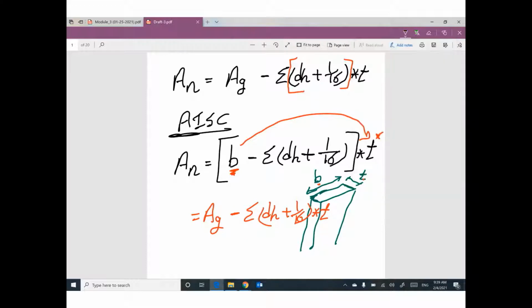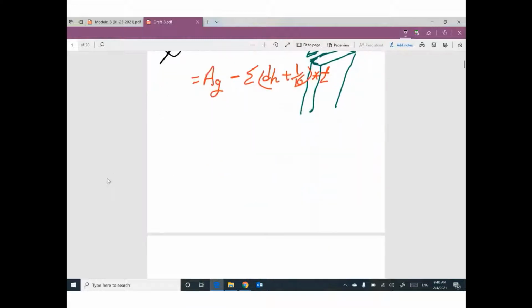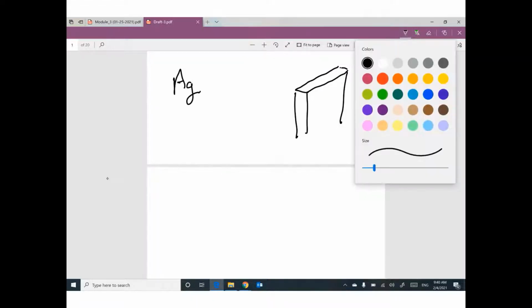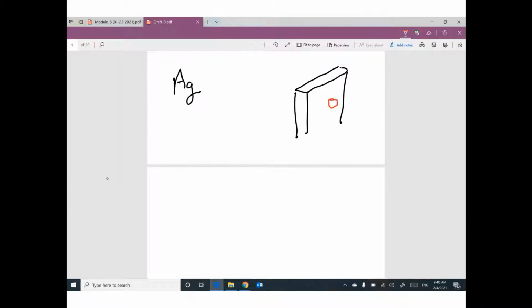Don't be confused about this equation or this equation. Actually, I don't pay any attention to them. My attention is we have a cross section, whatever the shape, so we have area gross. This cross section has some holes.